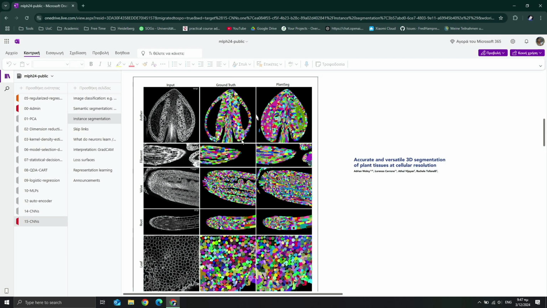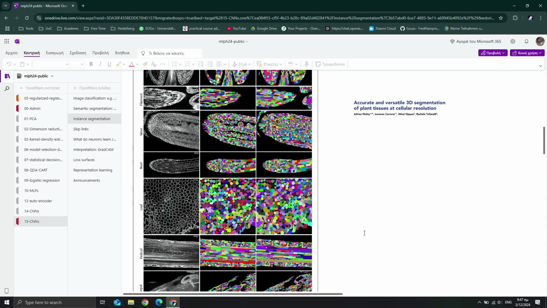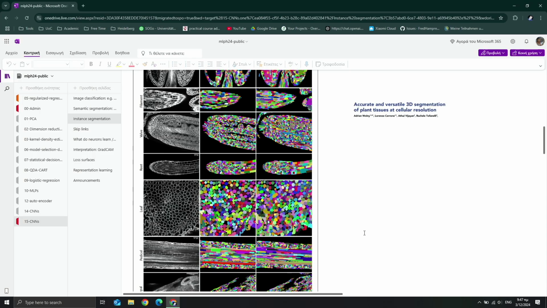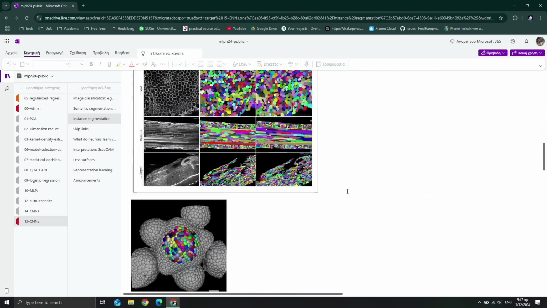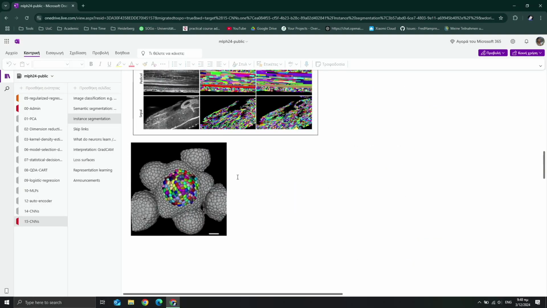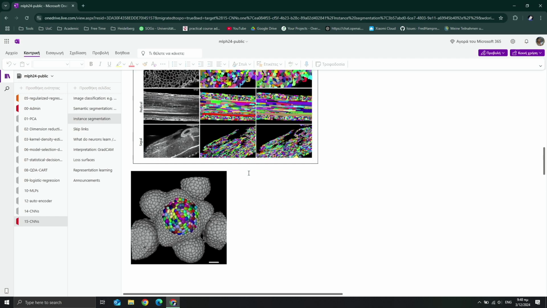And that was the work mainly by Adrian Wolny and Lorenzo Cerrone, a PhD student in Anna Kreshuk and my lab, who worked on basically a version of this pipeline here to produce these high quality segmentation results on plant 3D cells or 3D images of plants. All right, any questions so far?